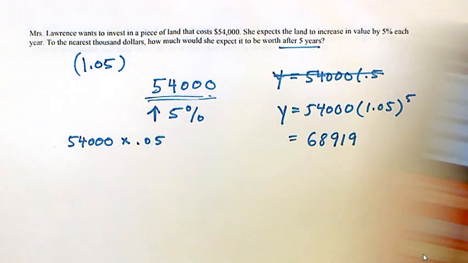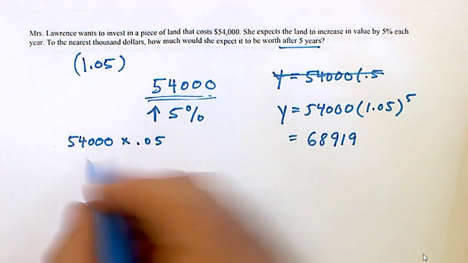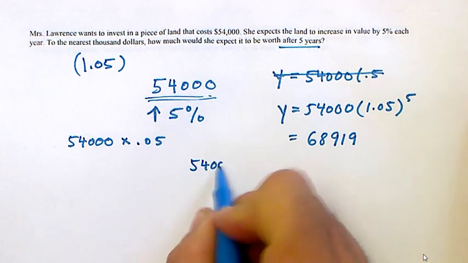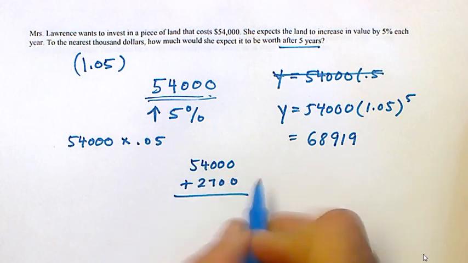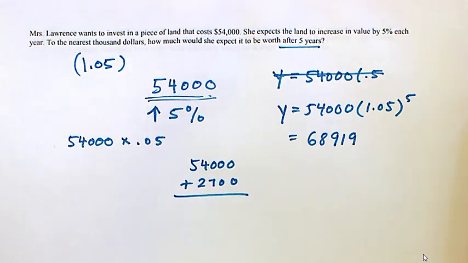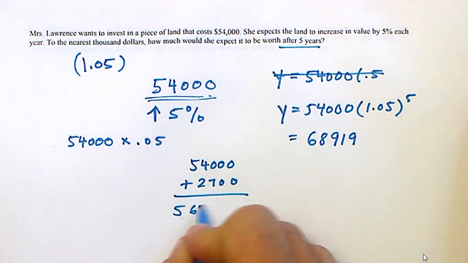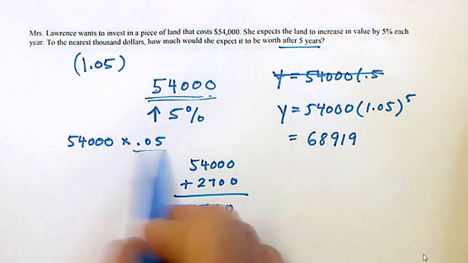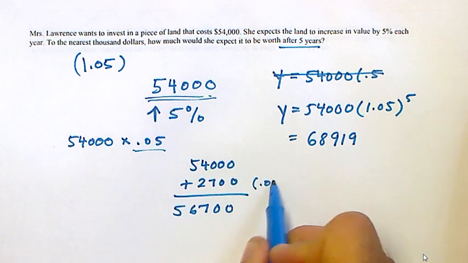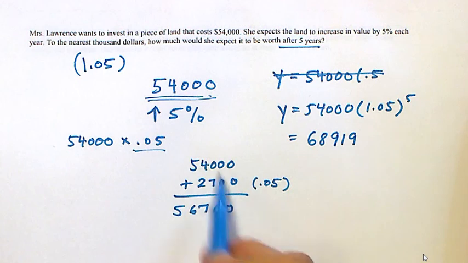So what I would end up doing is say, okay, I'm going to do 54,000 plus the 2,700, which gives me 56,700.